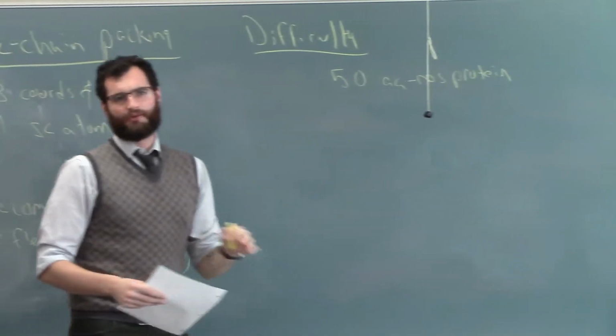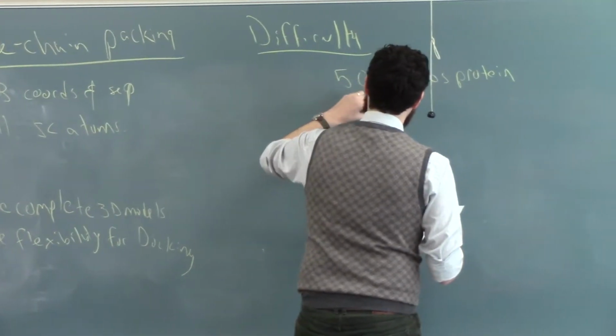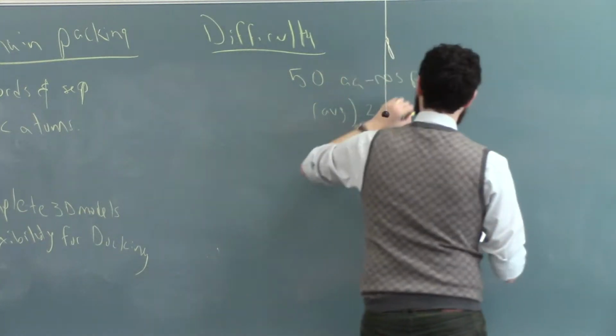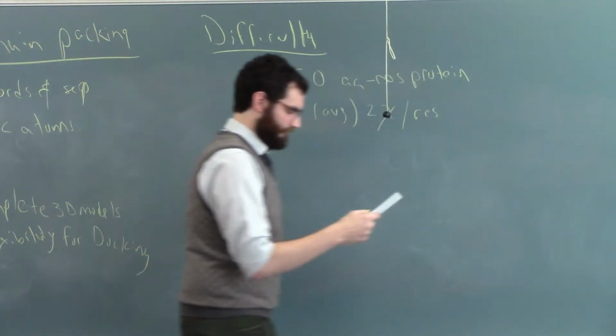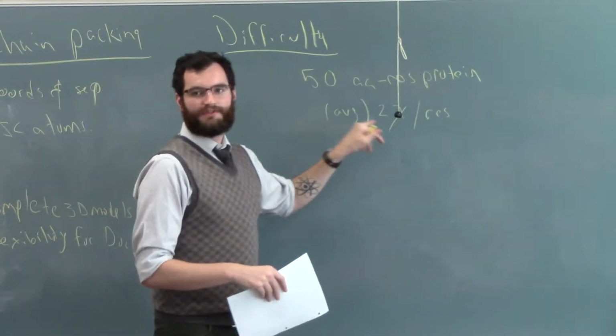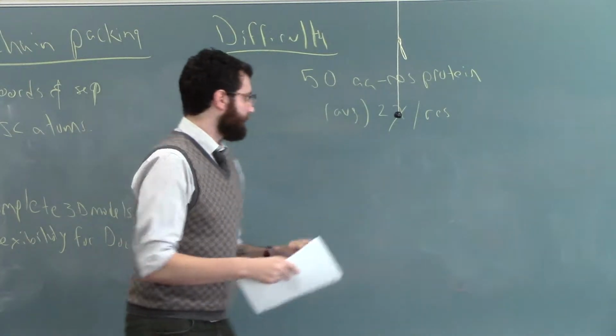And let's say that there's an average of 2 chi angles for every residue. And let's say we were to sample every 40 degrees of each of these things. So we're doing kind of a continuous sampling of all these degrees of freedom.